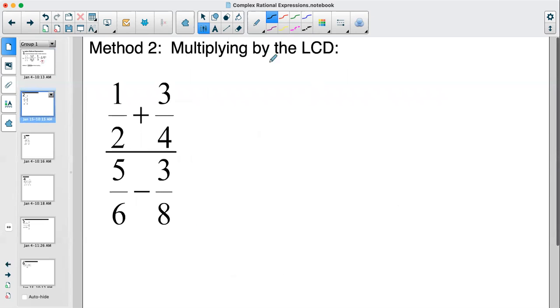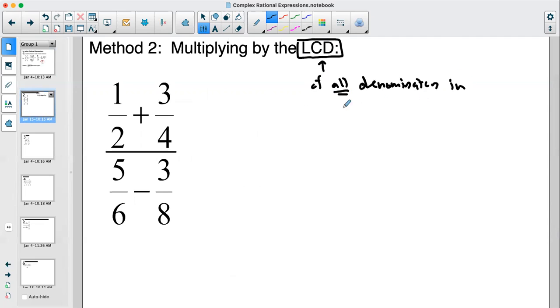And this is what it says, multiplying by the LCD. When I say this, I mean the LCD of all denominators in the fraction.